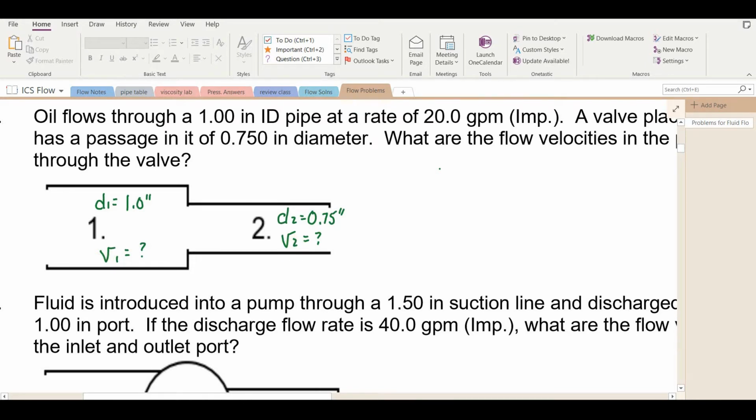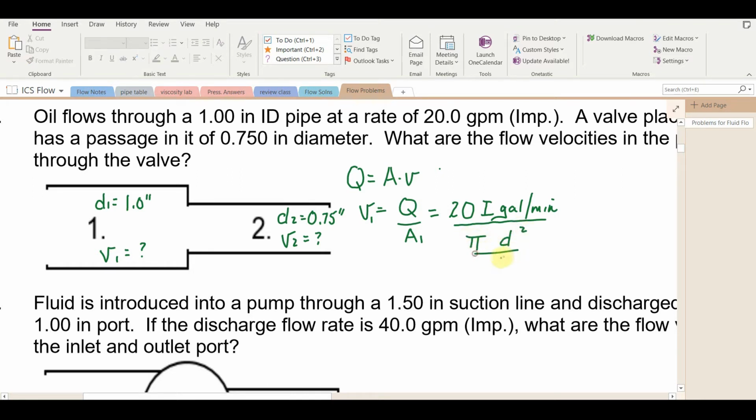Well, we know that flow rate is A times V, and we're asked to calculate velocity, so we're going to calculate V is Q over A. So whichever area you use, that would be the velocity you would use with it. We're given the flow rate, it's 20 imperial gallons per minute. And for the area, we'll use pi d squared over 4.